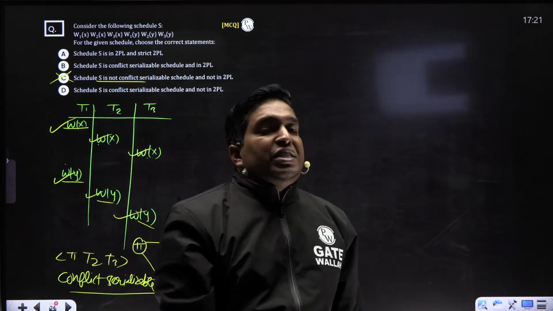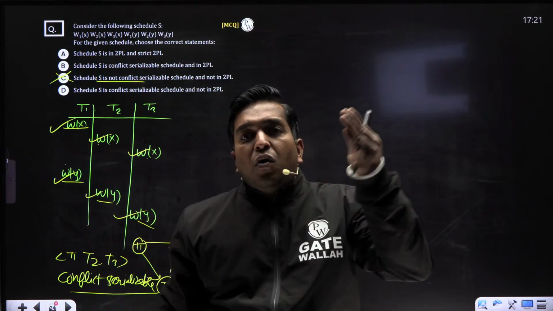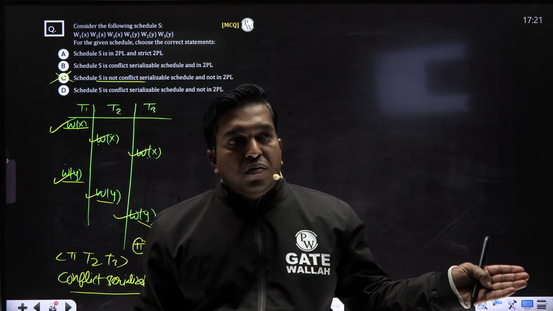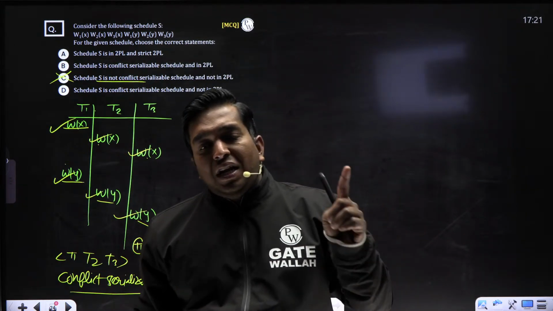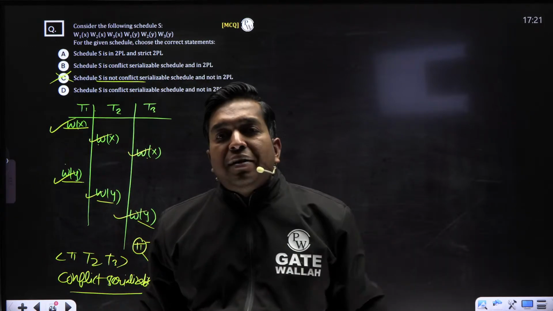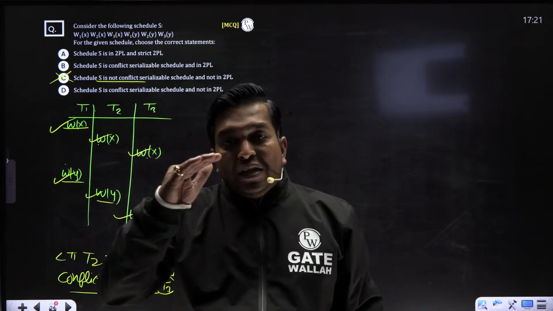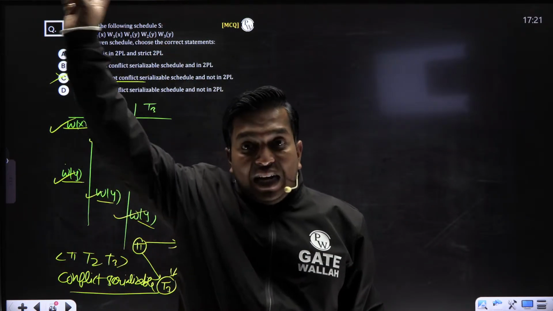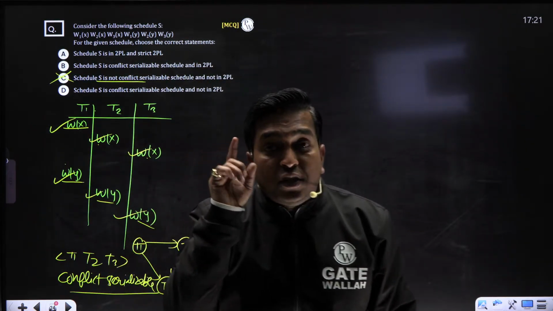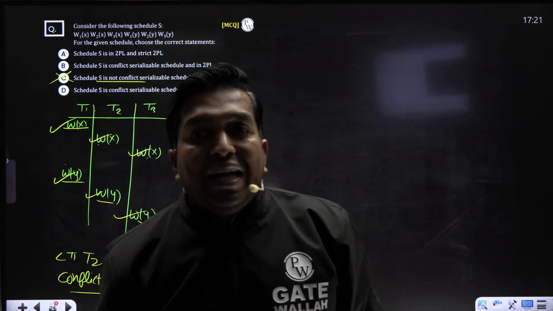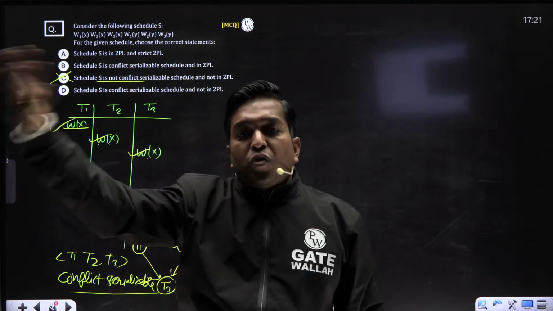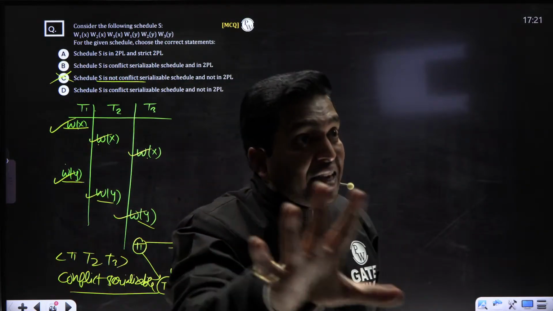But if it is conflict serializable, it may or may not be 2PL. All 2PL ensure conflict serializability, but conflict serializability does not ensure 2PL. It may or may not. In crash course I told that I am trying to apply 2PL and convert into conflict serializable, है ना?